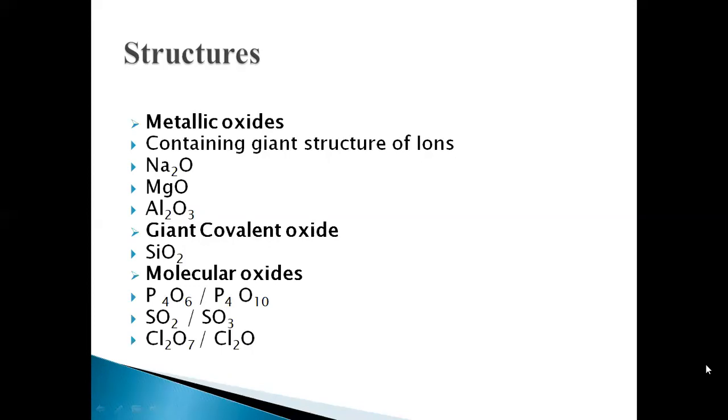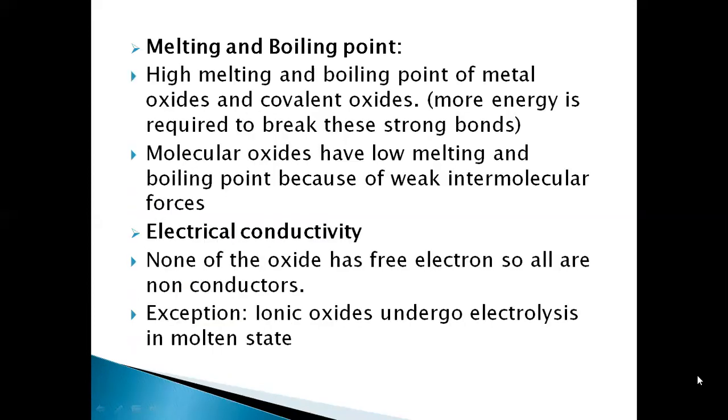Next, when we move towards the melting and boiling point, as we already discussed, the melting and boiling point first increases towards aluminium, then gradually decreases. Now we are talking about the melting and boiling points of the oxides, not the individual elements.